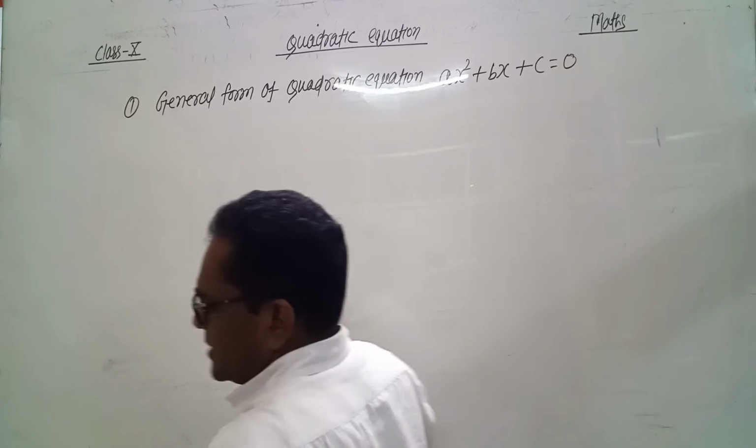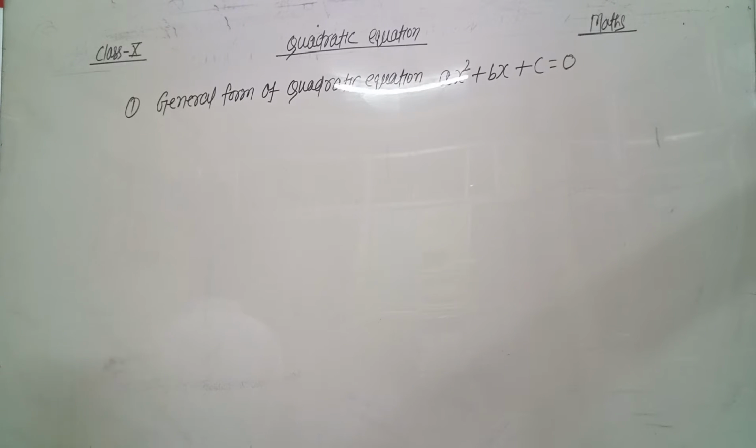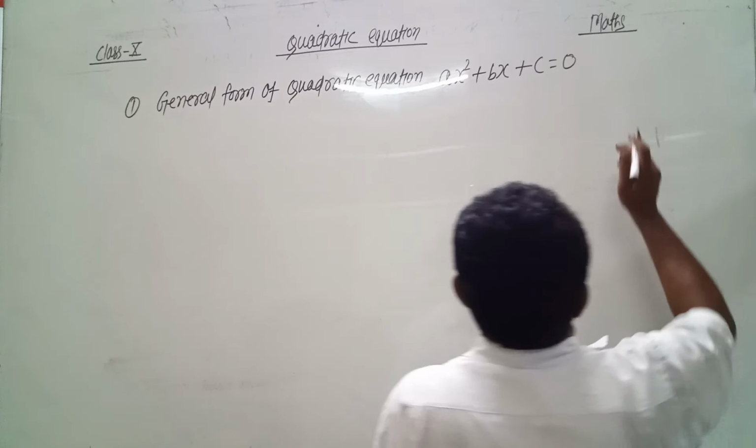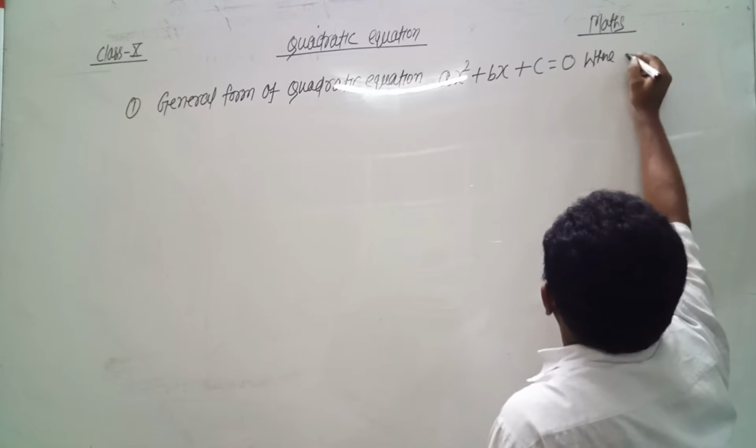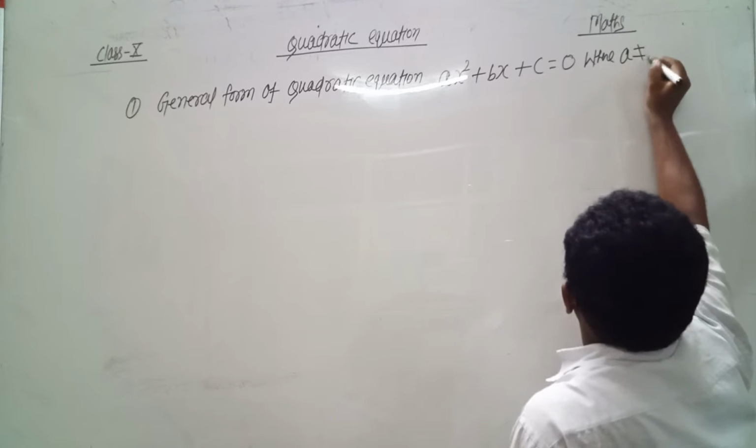This is the quadratic polynomial. When we put quadratic polynomial equals to 0, then this quadratic polynomial becomes a quadratic equation. Here the condition is a should not be equals to 0.